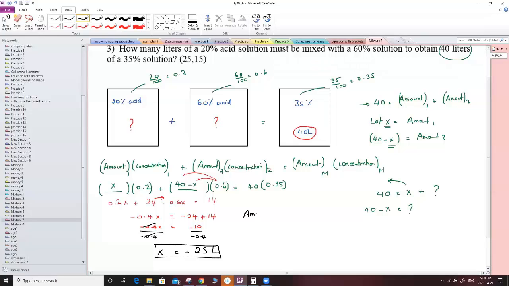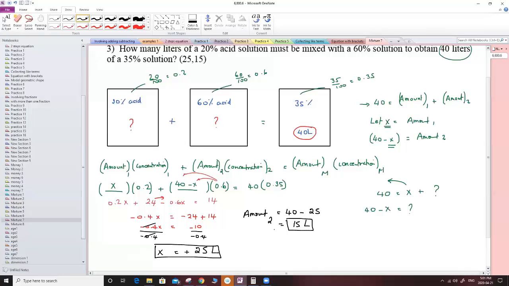So the amount of solution number 2 equals what? Equals 40 minus 25, and this gives me 15 liters in this case, and this is the result.